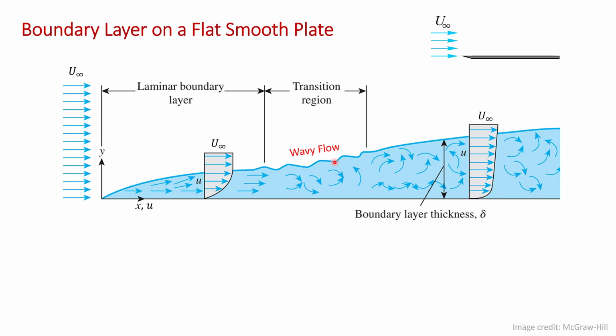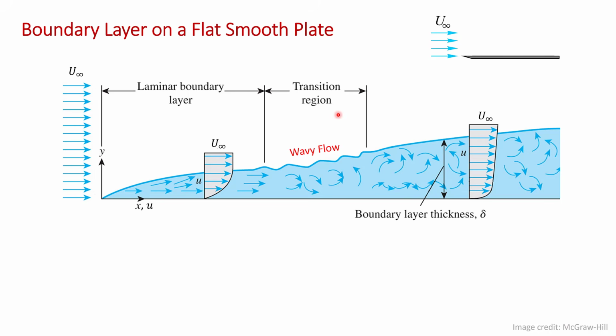Now you might wonder, why does this happen? As we discussed for pipe flow, it's the small vortices in the free stream that cause this effect. Very small disturbances in the upstream flow get amplified in the shear layer. These small eddies grow and grow, and they get swept downstream, and they eventually produce large waves.